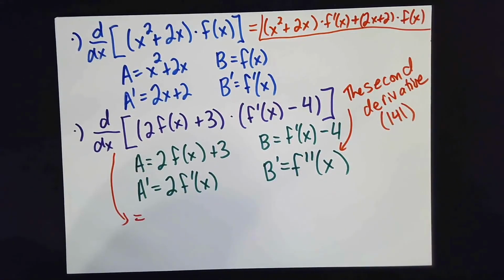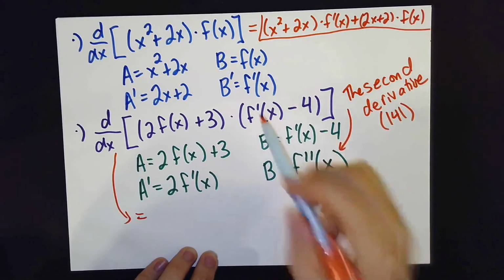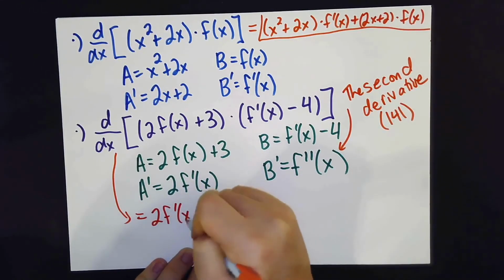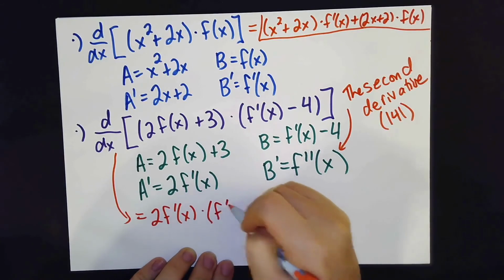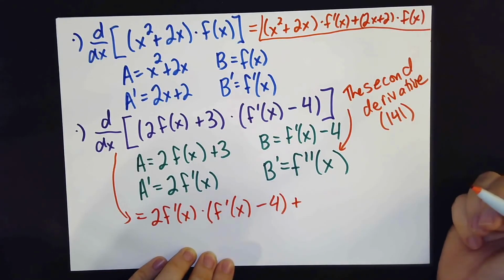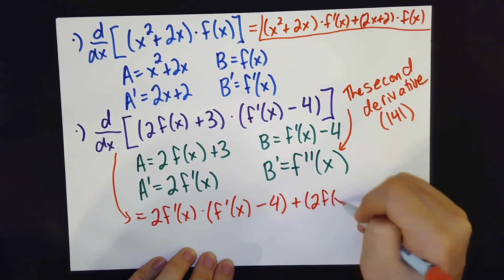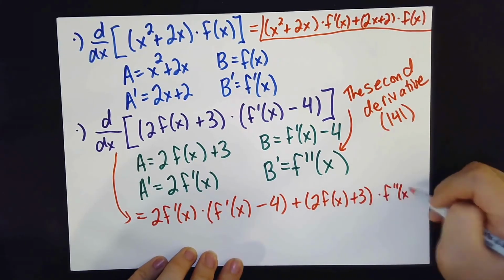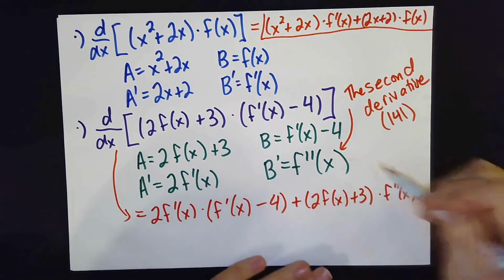Okay, but that aside, we can go ahead and write out what our product rule tells us, which is that this derivative is a prime, so 2f prime of x, times b, plus a times b prime. And that is our answer.